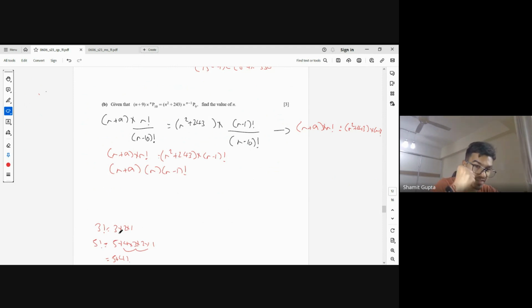Try to feel this. 5 factorial is actually 5 times 4 factorial, which is 5 times 4 times 3 times 2 times 1. So n factorial is n times n minus 1 factorial, which is equal to n square plus 243 times n minus 1 factorial. Now you can cancel out n minus 1 factorial on both sides.